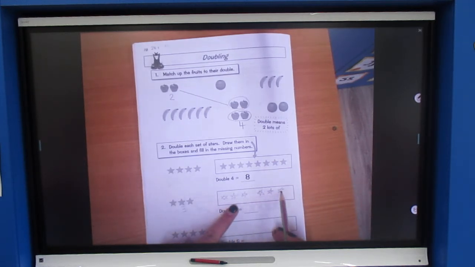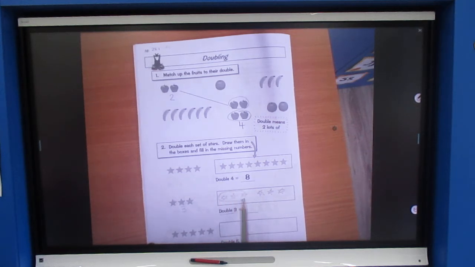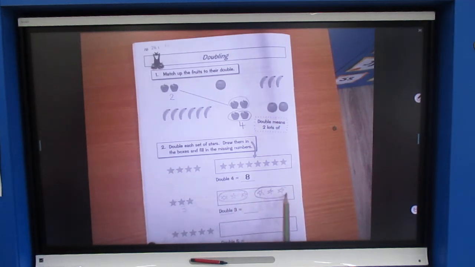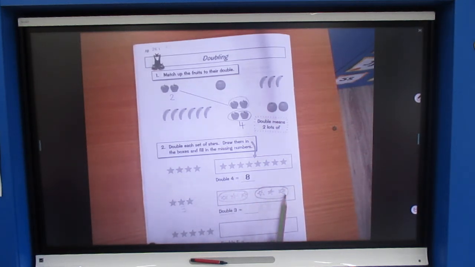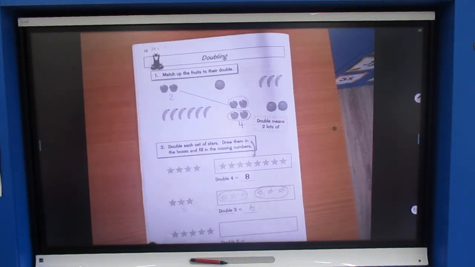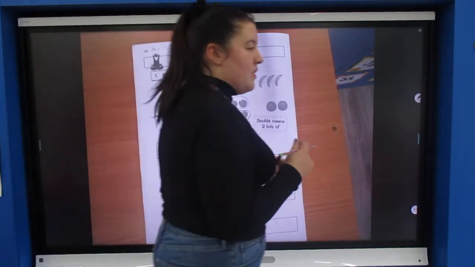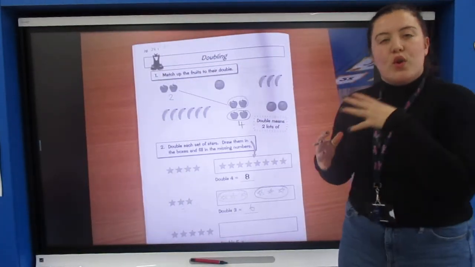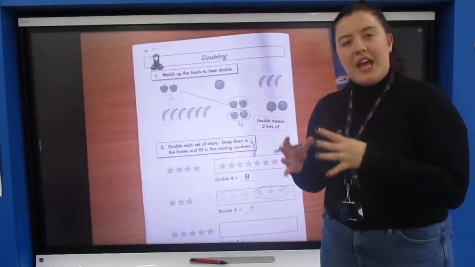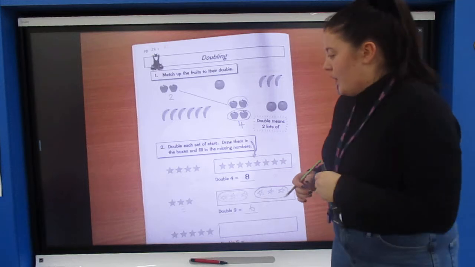Because double 3 is 2 groups, 2 lots of 3. How many have we got all together? We have got 6, okay? So it is the same as what we were doing on the board with the apples, but you've got to draw your own. But we are still thinking about doubling, okay? Well done, because that is tricky.